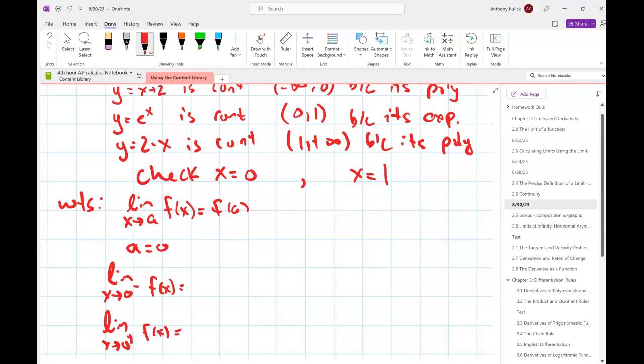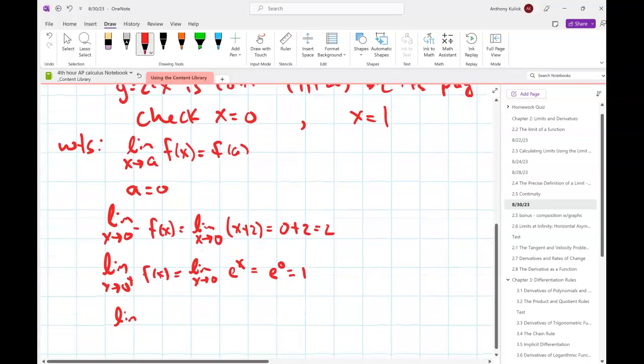So from the left is just the limit as x approaches 0 of x plus 2. That's a polynomial, so I can just use direct substitution, make that 2. And from the right, that's the same thing as the limit as x approaches 0 of e to the x. That's continuous, so I can do a direct substitution there. So that's 1.